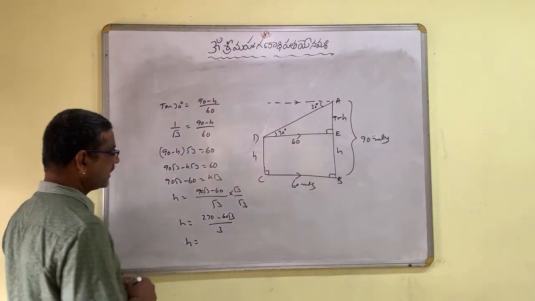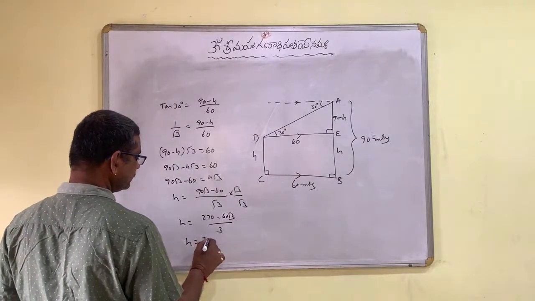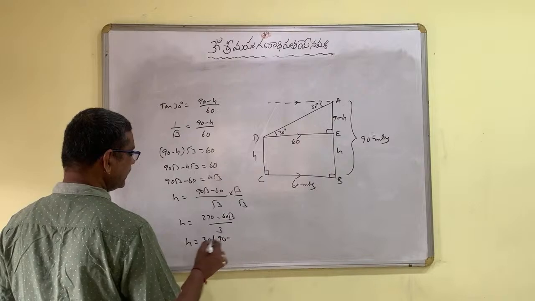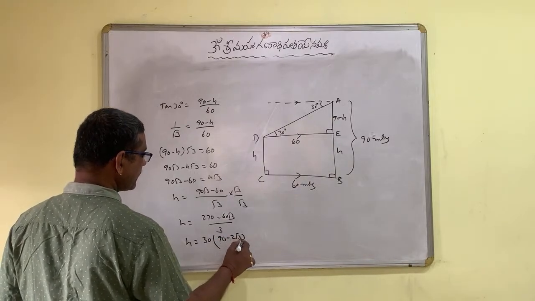So how much can you take common? 30 common. 90 minus 2 root 3 by 3.